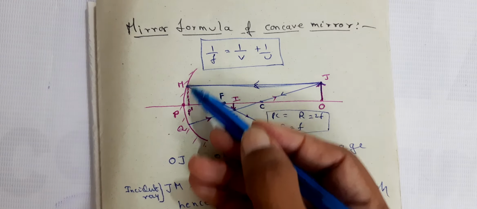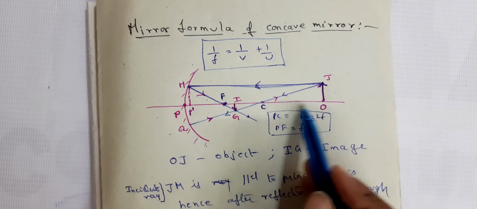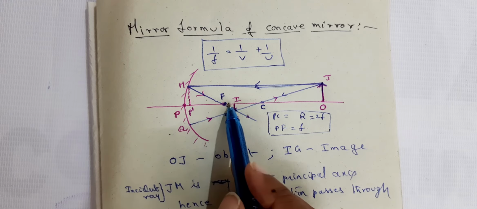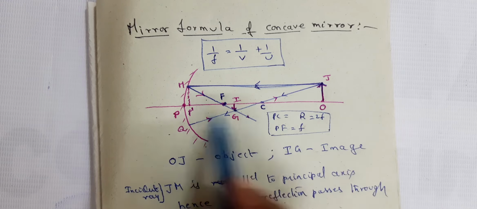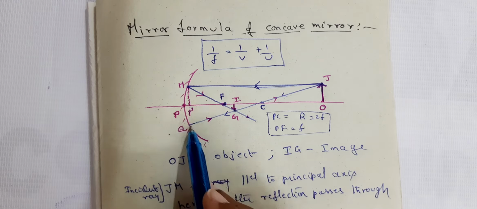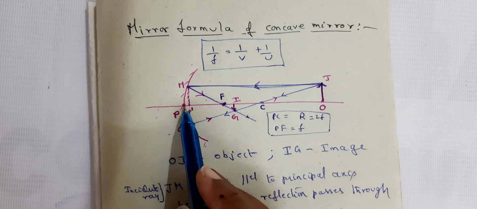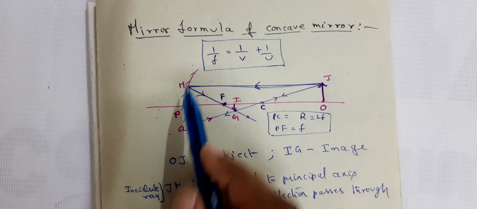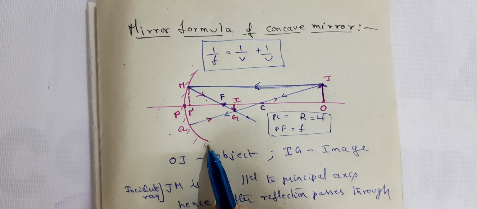Now, the pole of the mirror, and the principal axis, which passes through the pole, the focus and the center of curvature, is perpendicular to the reflecting surface, passing through the center of the optical device. Here the optical device is a mirror.